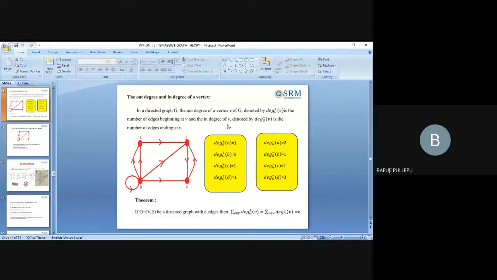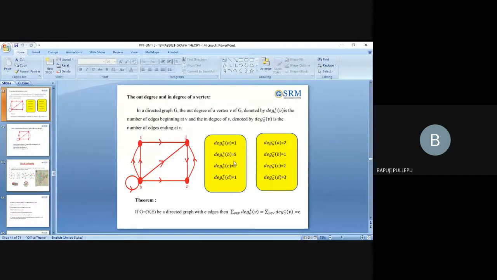Out degree is the number of edges beginning at V, in degree is the number of edges ending with V. So coming to A means in degree, going out means plus. So degree plus of A is 1. Degree minus of A means inside, it's coming to A. So this is 2.